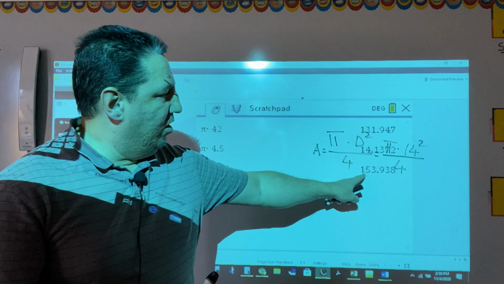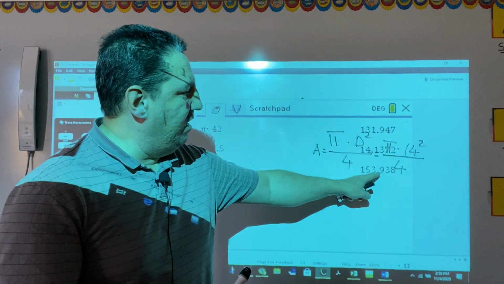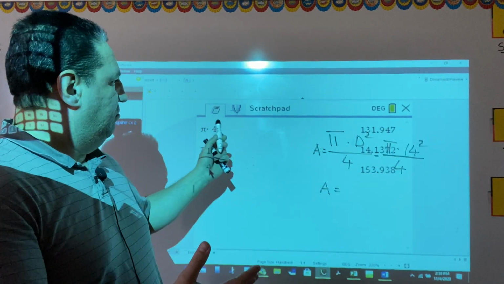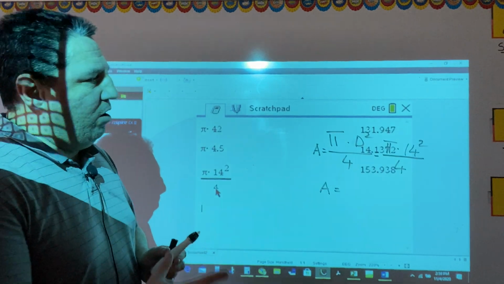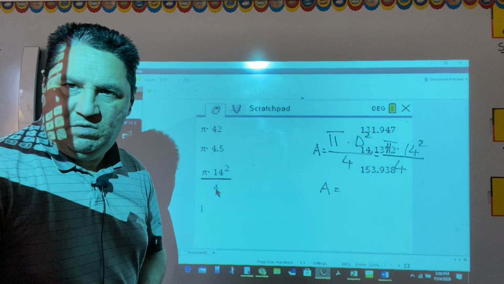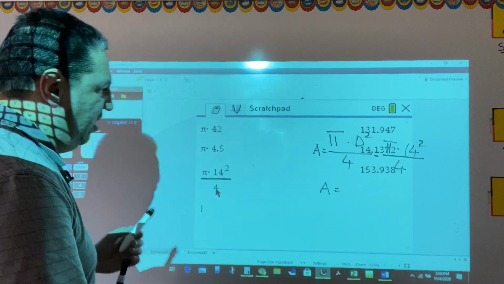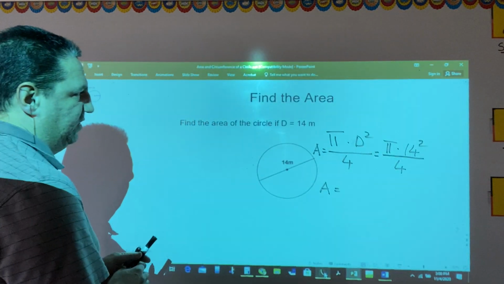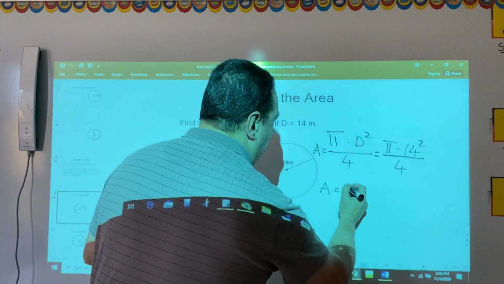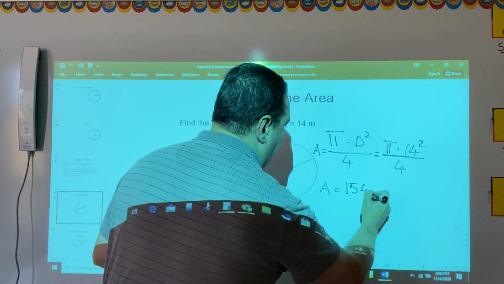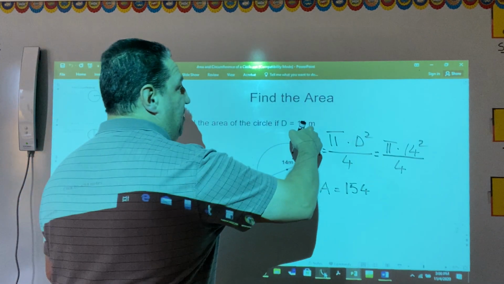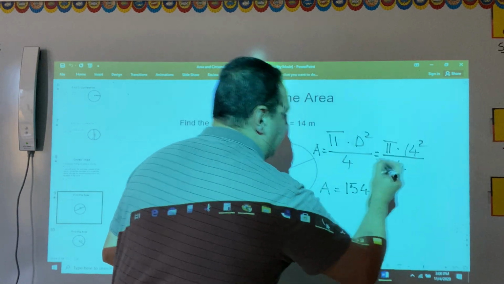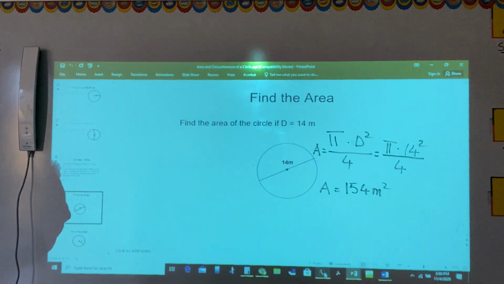So we get 153.9. Now, we can round to the nearest ones, and we have around 154. So the area would be 154, and because it's an area, the measurement would be square meters.